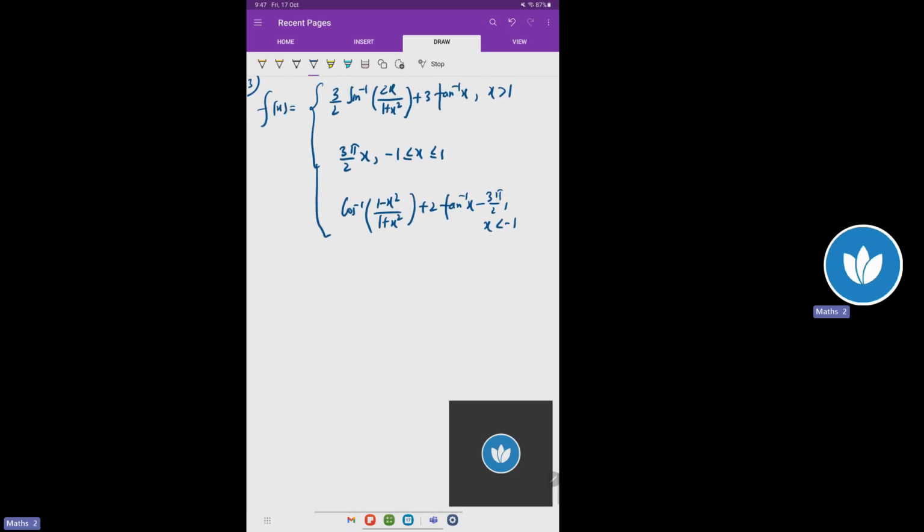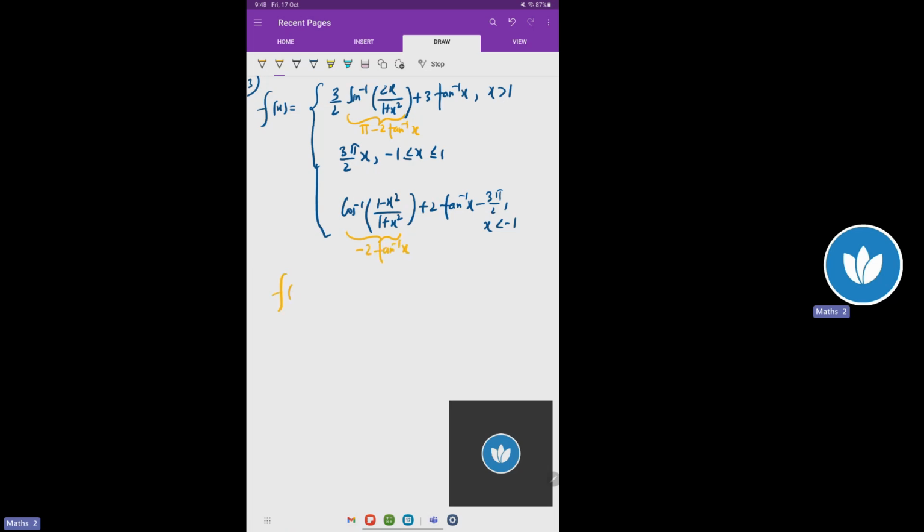Now if you try to simplify this, as I have written the result earlier, if x is greater than 1 you can directly use the result: sine inverse 2x by 1 plus x square can be replaced with pi minus 2 tan inverse x. Similarly, if x is less than minus 1, this can be replaced with minus 2 tan inverse x.